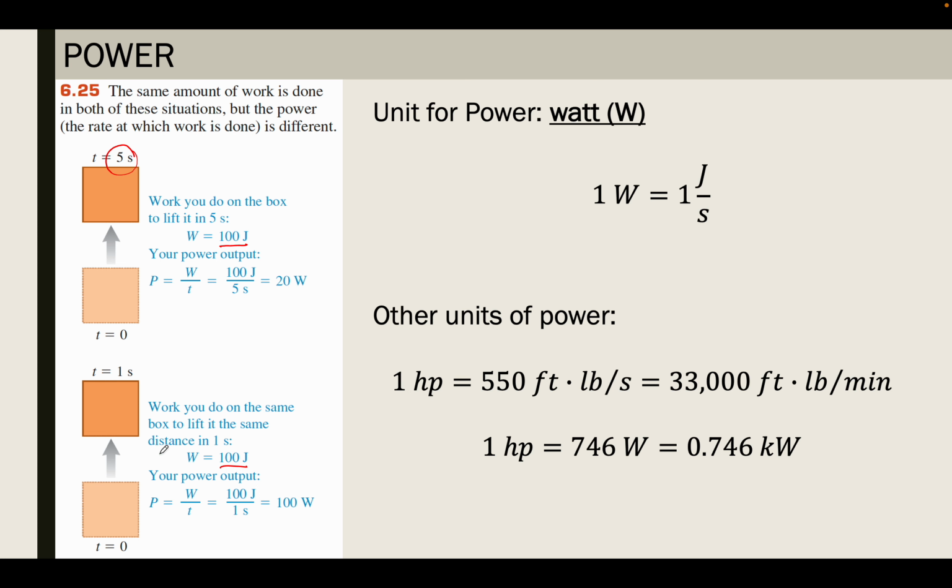Whereas here we have the same amount of work, which is 100 joules, but you're given the time, which is 1 second. So the power output of this one, P is equal to work over time, is equal to 100 joules divided by 1 second, which is equal to 100 watts.